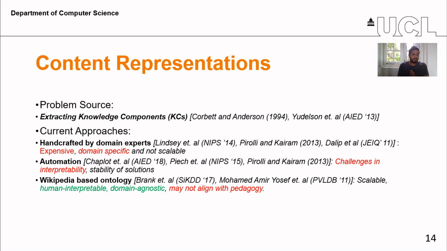To overcome this problem, people have proposed automatic methods, mainly to do with learning deep neural representations, and also using unsupervised methods such as topic detection or clustering. The problem with these methods is, because of the unsupervised nature of these methods, they lose interpretability to some extent.